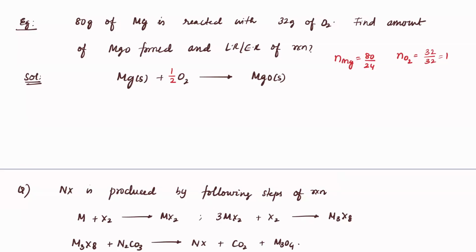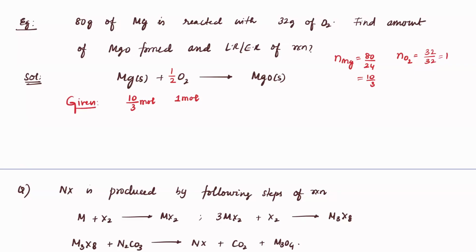So we have this as 10 by 3 moles here. So I have 10 by 3 moles of magnesium and 1 mole of oxygen. This is the given amount.